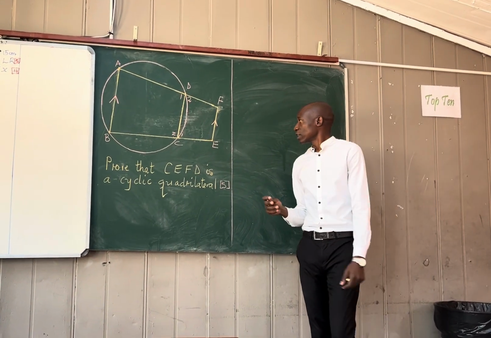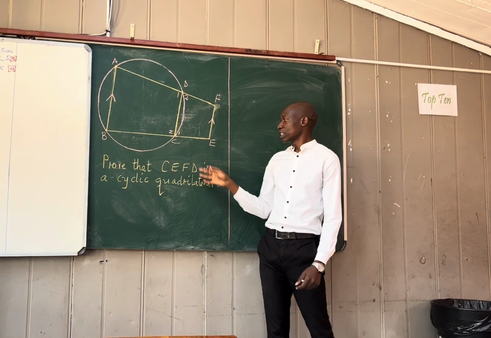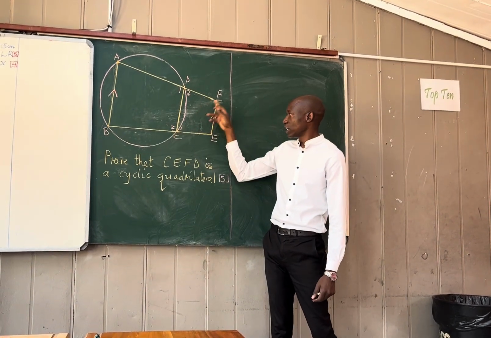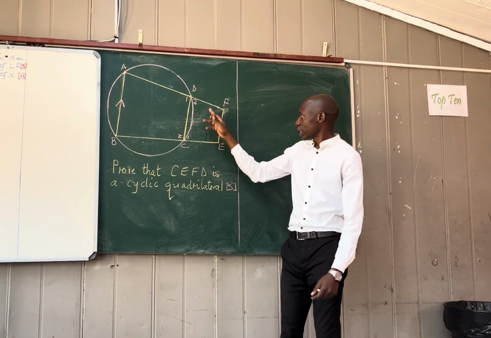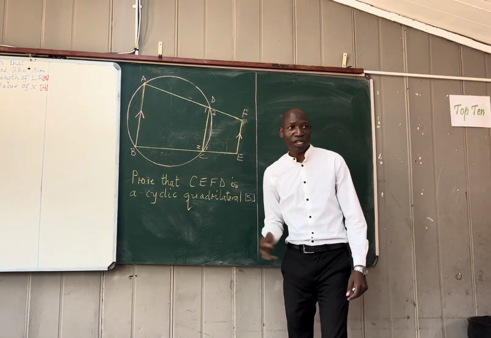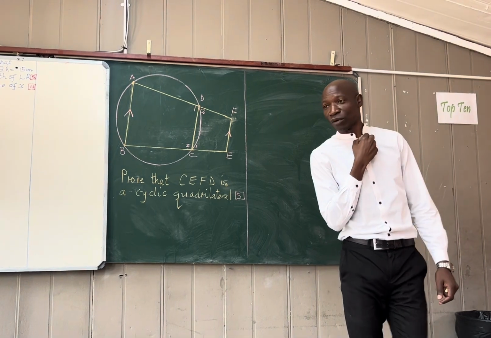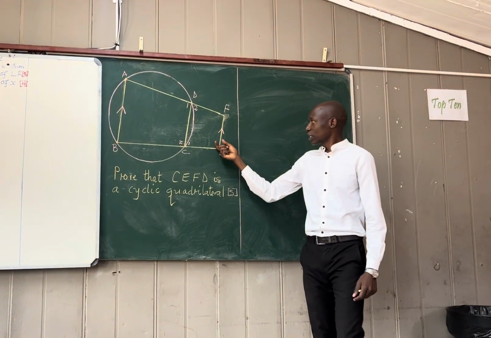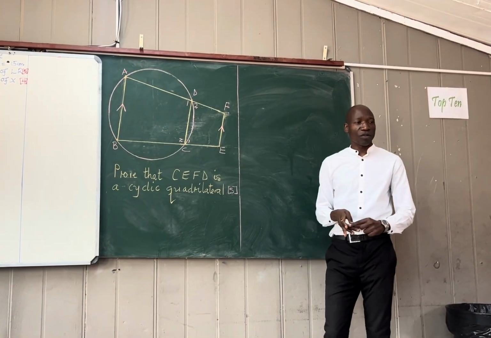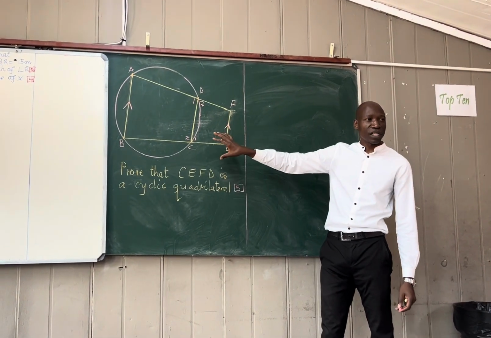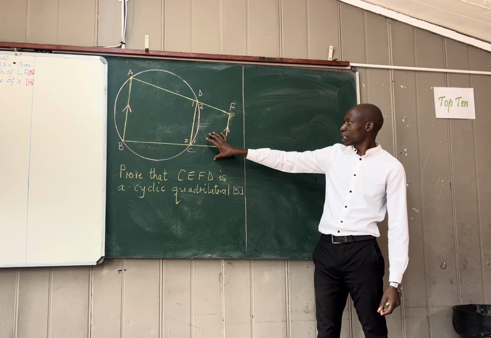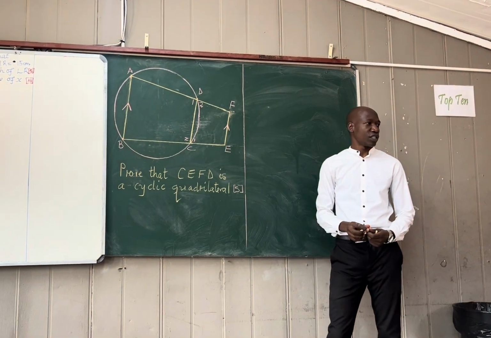The next one is the possibility of an exterior angle being equal to an interior angle. The next one could be the angles in the same segment, that is the wedding bow tie. If you remember the wedding bow tie, that is very important also. So you look at all the different ways of proving a cyclic quad, and then you consider the one that is going to suit your situation.